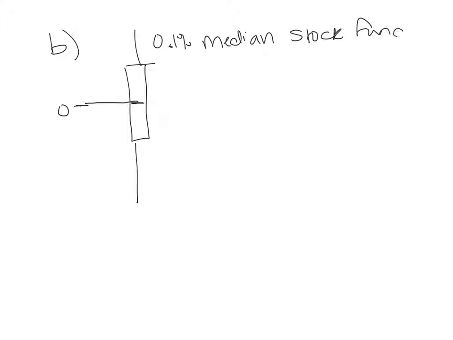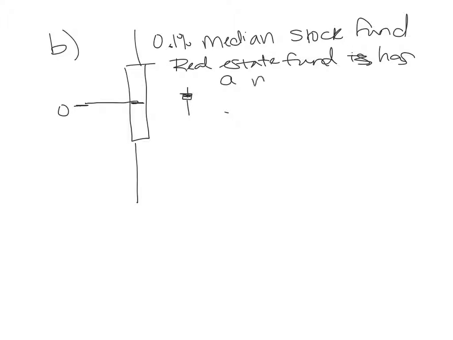It's really kind of hard to tell the median of the other one because it's all squished together. It kind of looks like this. It's actually at 0. So the real estate fund has a median of 0. So they're pretty close.